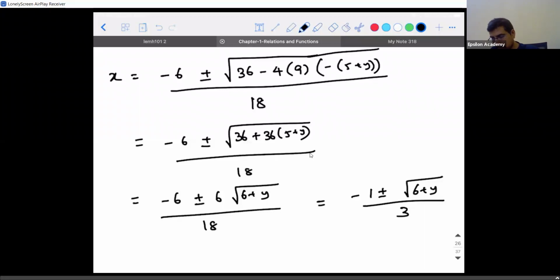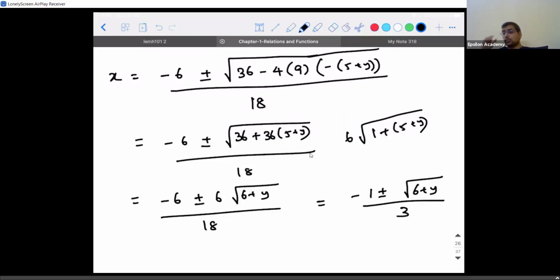Sir, where did the 5 go? See, if I take out 36 from the root, it will come out as 6. Right? Yes, 1 plus 5 plus y. Oh, okay. So it is 6 + y. So x = (−1 ± √(6 + y)) / 3. So this is the value of x.